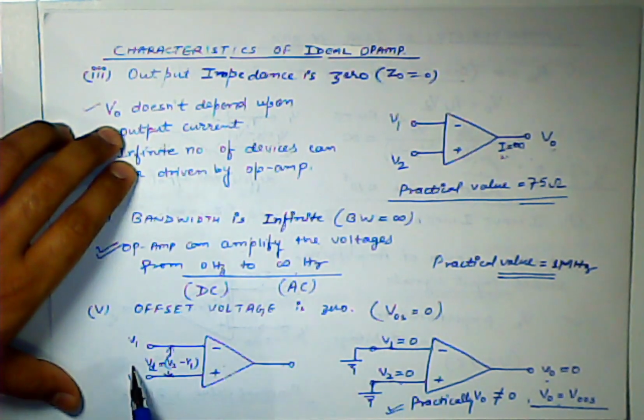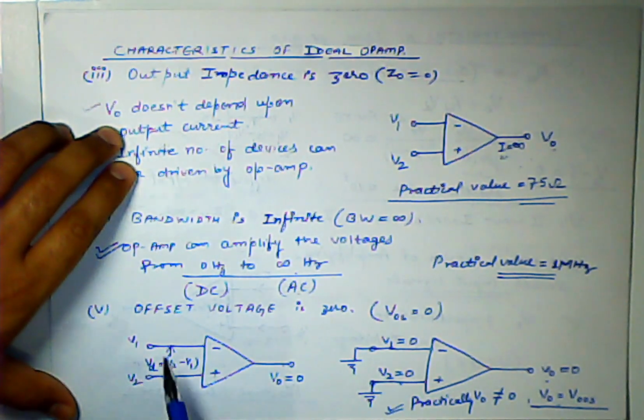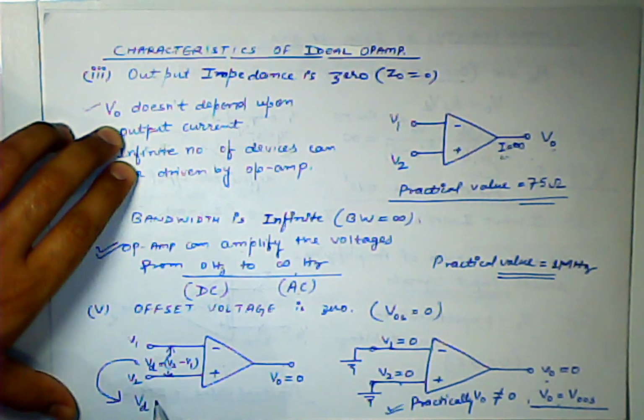But if Vd is small, in many of the practical cases, the output becomes 0. If the output becomes 0 for any differential input we are providing at the input side, this particular input in that case is called the input offset voltage.